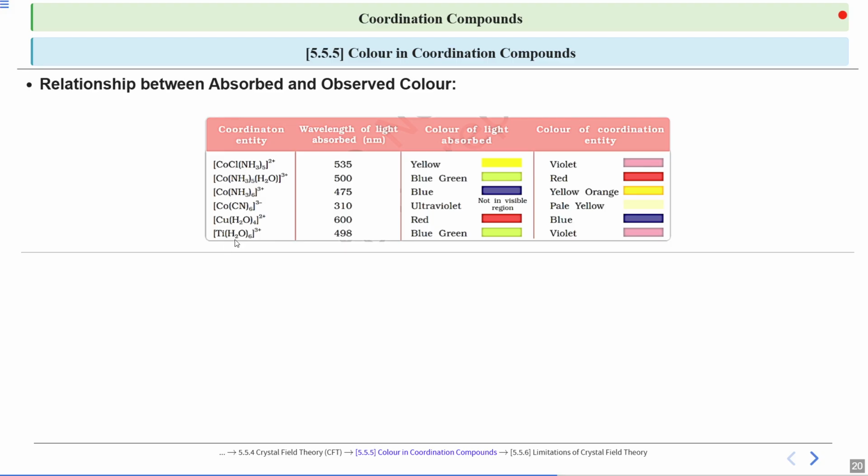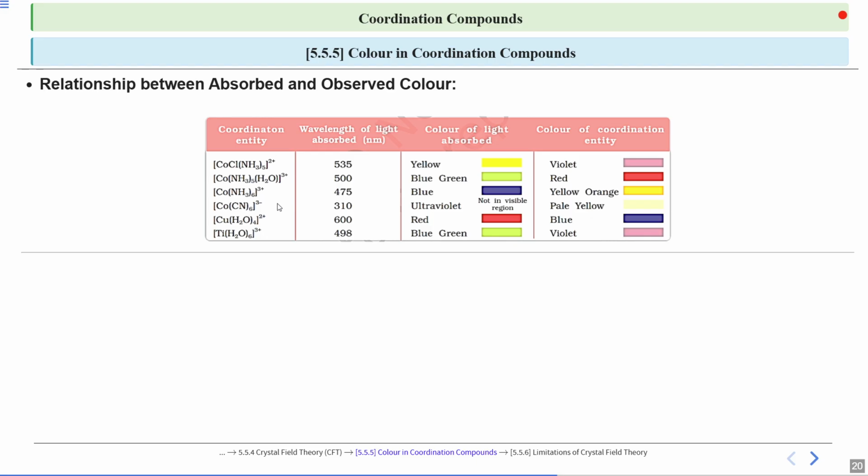Similarly, the cobalt complex absorbing 500 nanometer absorbs blue green light, but appears red. Then the next complex absorbs 475 nanometer, which is blue, but the complex will be yellow orange, complementary to blue.